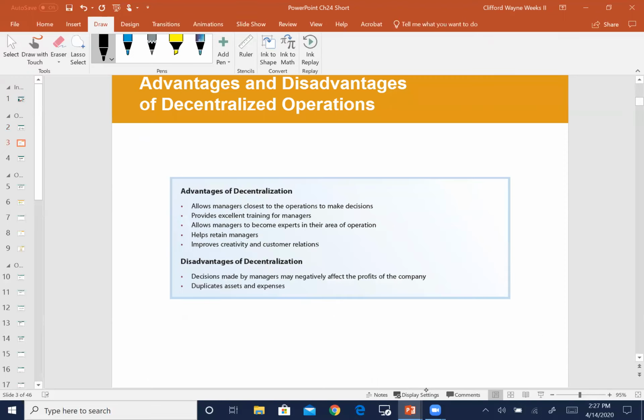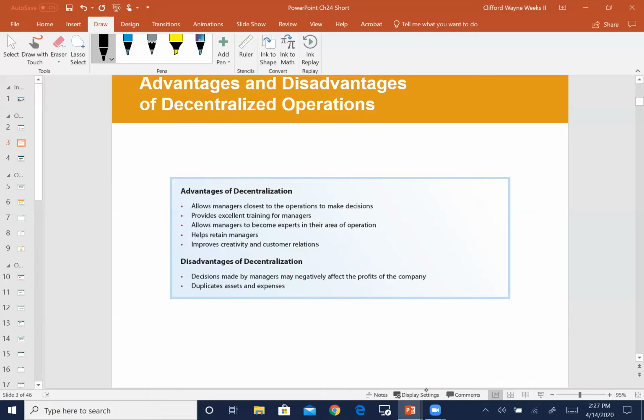When we look at the advantages and disadvantages of a decentralized organization, because that's really where we're going to spend our time, a decentralized organization allows managers closest to the operation to make the decisions, because they are given some power to make decisions. We don't have to run all the way up to the top CEO position to get permission.